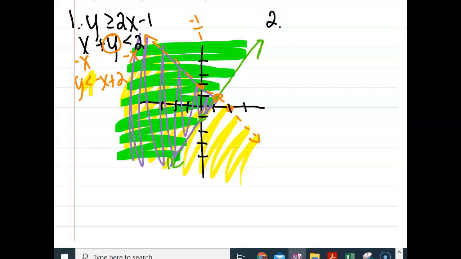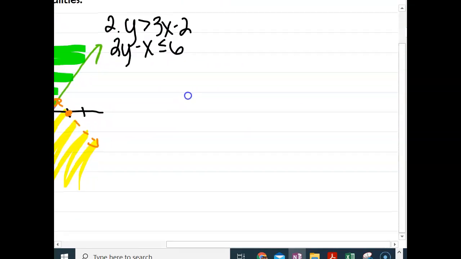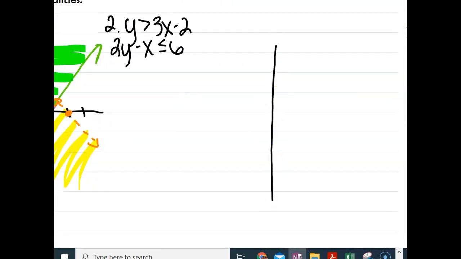Okay, let's try another one, number 2. Y is greater than 3x minus 2 and 2y minus x is less than or equal to 6. And I'm going to go ahead and sketch out my graph a little bit.